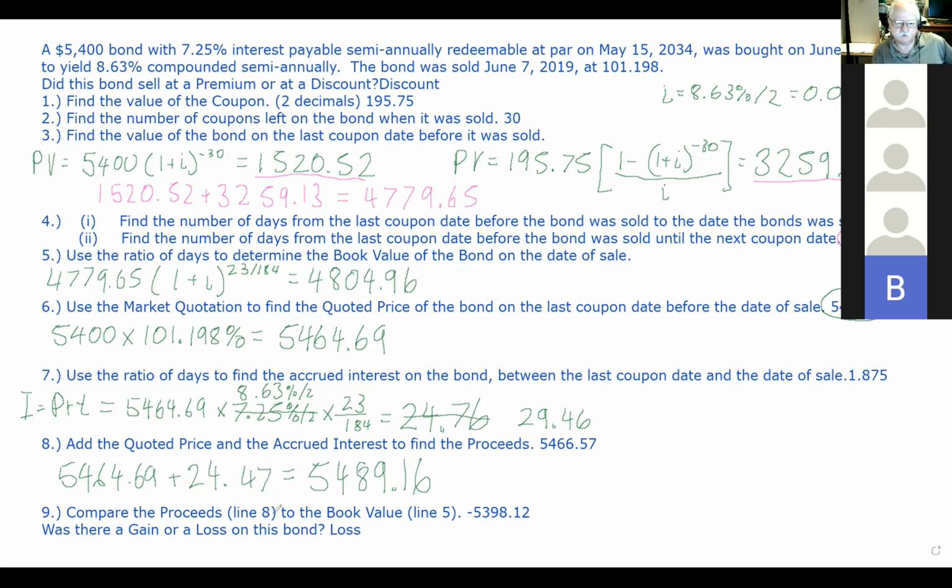So compare the proceeds, line 8, to the book value, line 5. So the proceeds were what we have here, 5489.16 minus the book value, which was line 5, 4804.96.